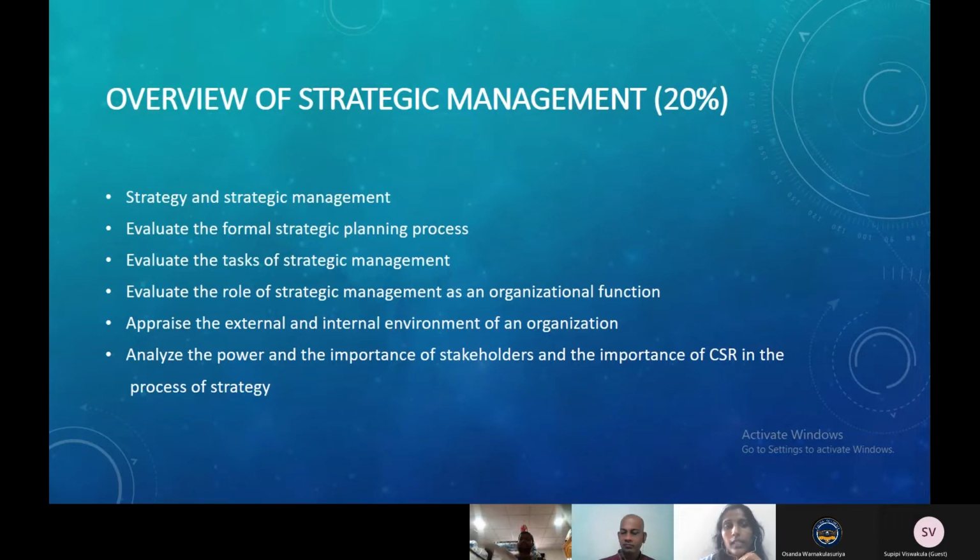Here you are learning what strategy and strategic management are, the strategic management process and the tasks involved. Today this is what we are going to concern, and also how we are going to analyze a company's environment. There are two types of environment, internal and external, and the tools that we use to analyze them.